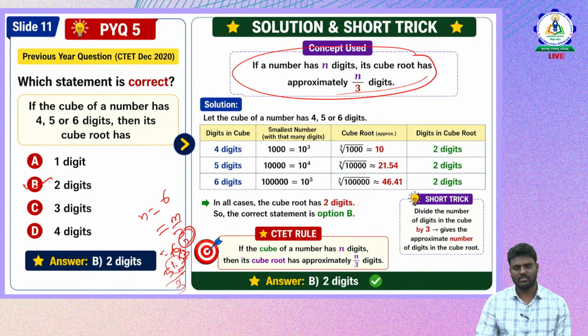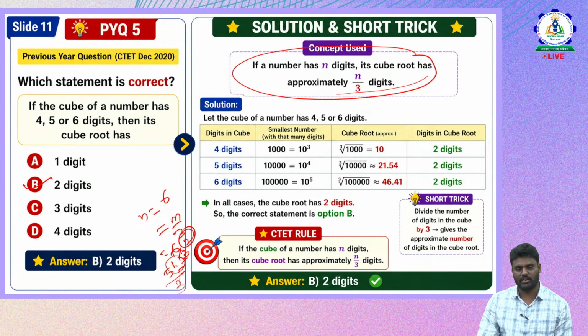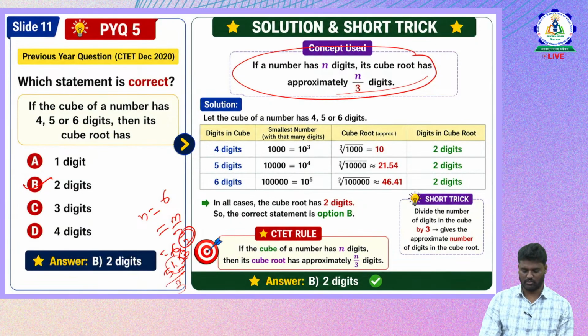But let us see it in a regular way, how we can identify the answer based on the concept. Let the cube of a number have 4, 5 or 6 digits. The smallest 4-digit number is 1000, which can be represented as 10 to the power of 3.